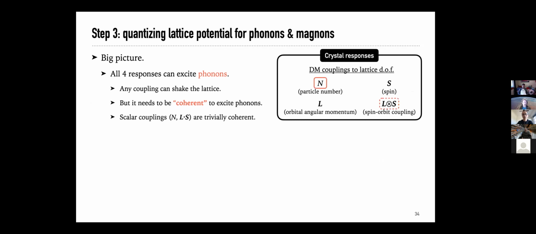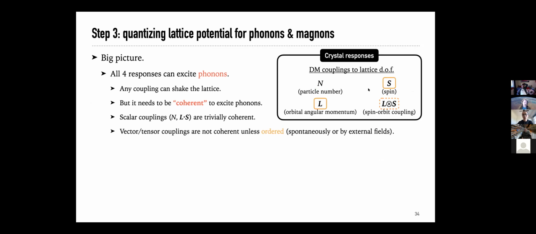For example, if it couples to the scalar quantities, say the particle number or L dot S, these are trivially coherent because how many protons are contained in one ion in one primitive cell would be the same as the number of protons in the other primitive cell.